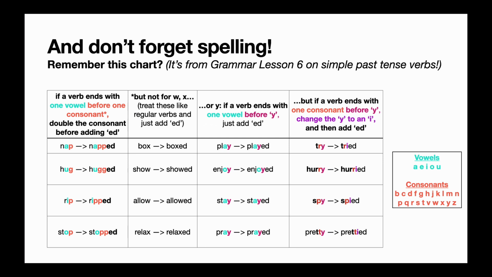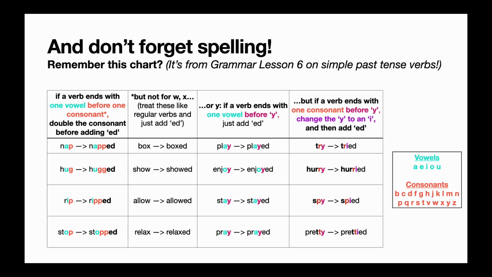That means you take the last letter and you put another last letter before you put an ed when you are making the past tense. So like in this first column, it says nap becomes napped, you add another p, or hug becomes hugged. And there are also rules about when you don't double the last letter in the second column, and when you are dealing with the letter Y in these last 2 columns.